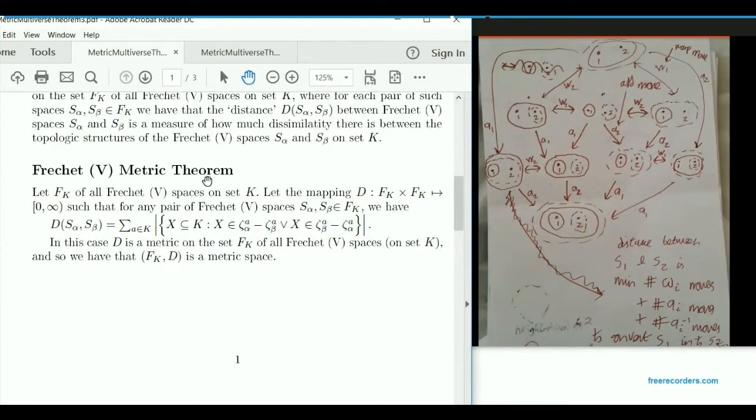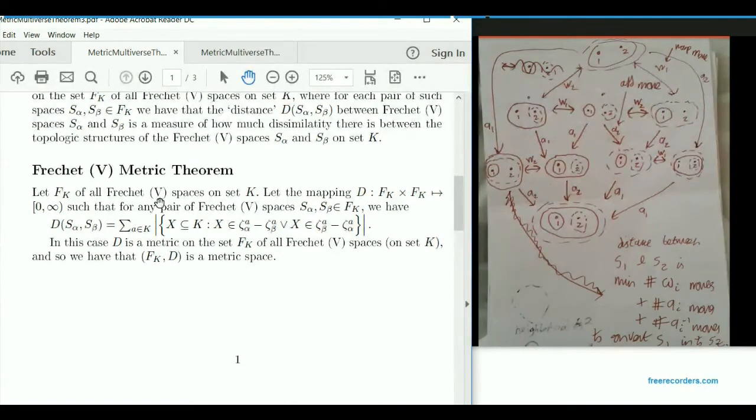The way that this is defined is that for any pair of Frechet V spaces, S alpha and S beta living on K, we're going to define our metric to be the sum over all the elements A of K of the number of subsets of K which belong to the collection of neighbourhoods of point A under one of our Frechet spaces, but that subset does not belong to the set of neighbourhoods of point A under the other Frechet space.